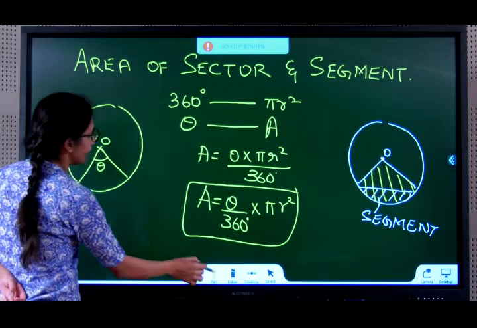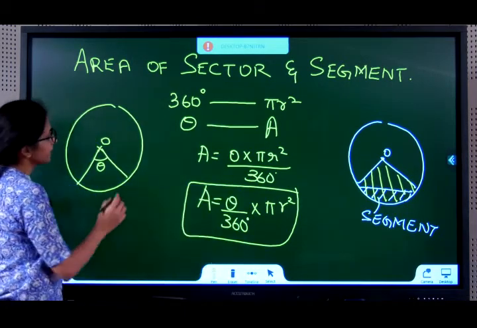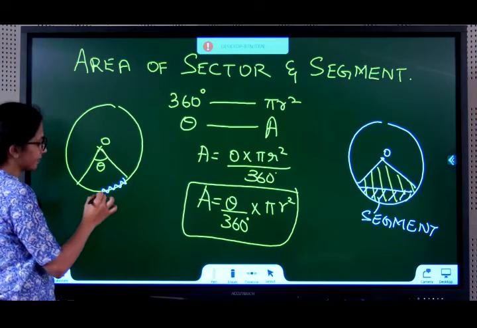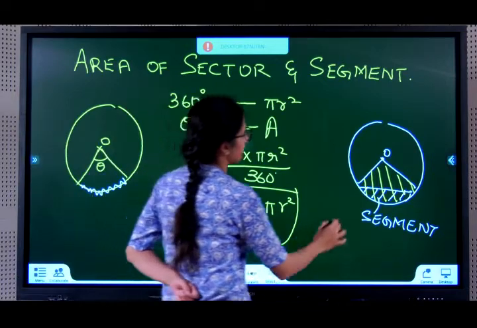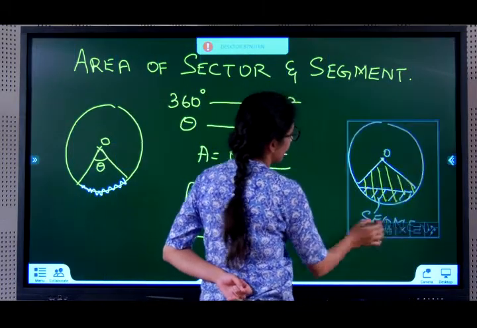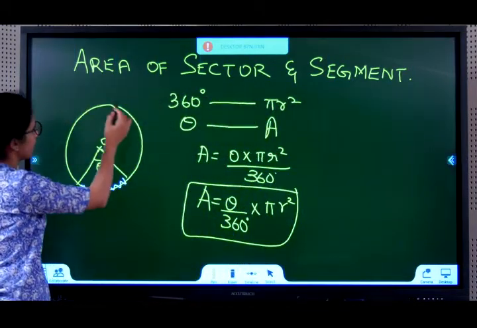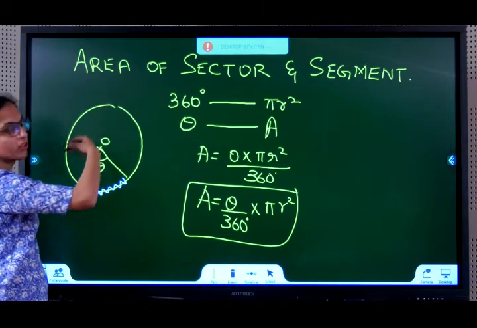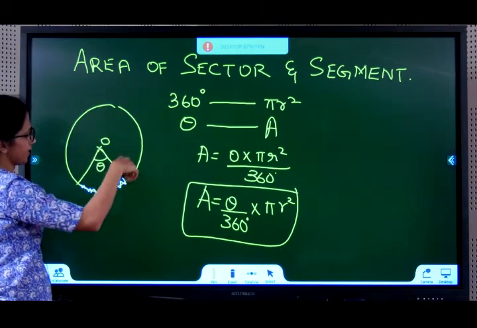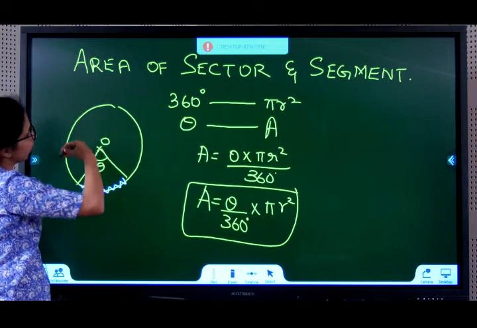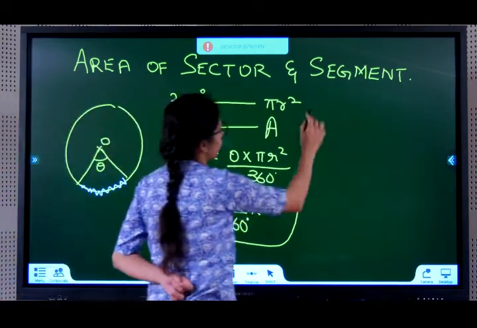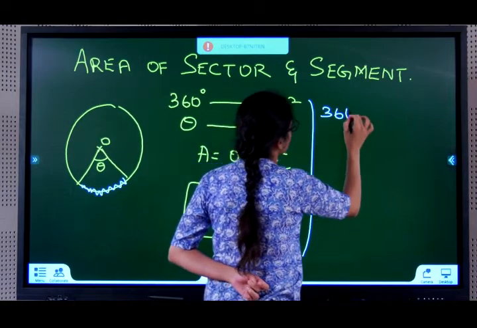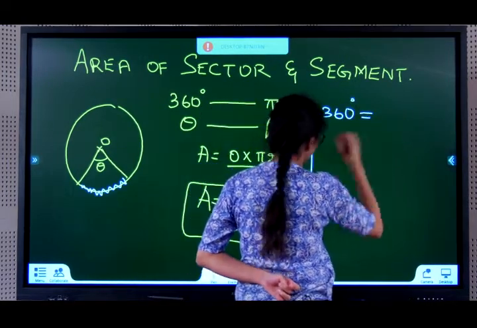What about the length of the arc of the sector? That means, what is this length? The arc length of the sector. Same type. If I take the whole circle, then the circumference or the perimeter of the circle is 2 pi r, and that is for the whole angle 360 degree.